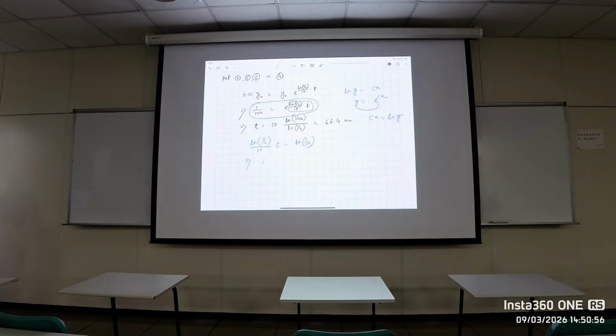That implies that t is equal to ln 1 by 100 by ln 1 by 2 into 10. If I calculate this one, it will be 6.64 into 10, that is 66.4 minutes.